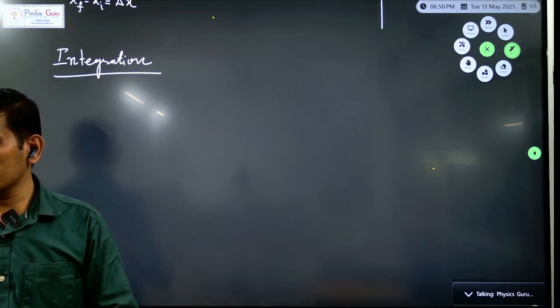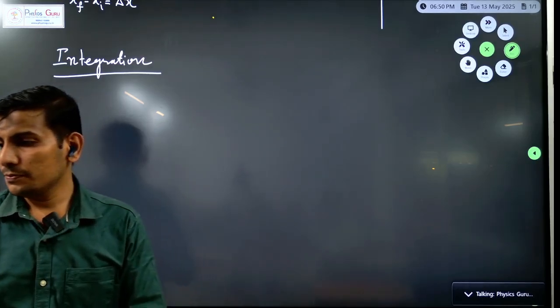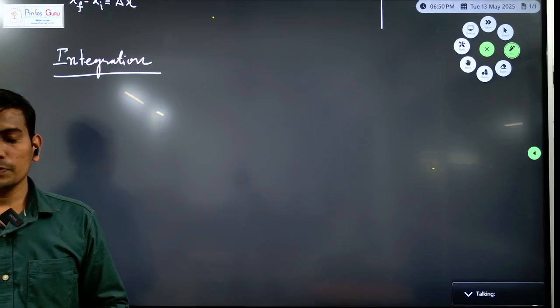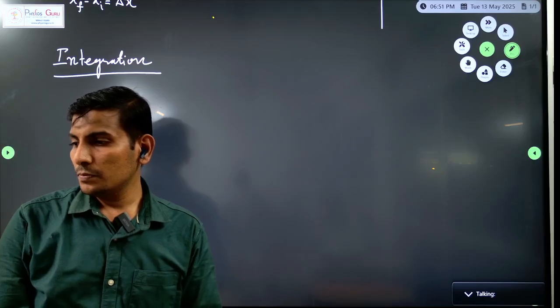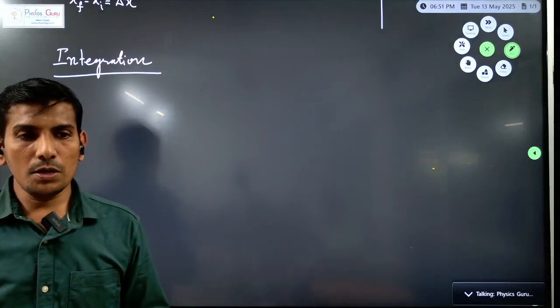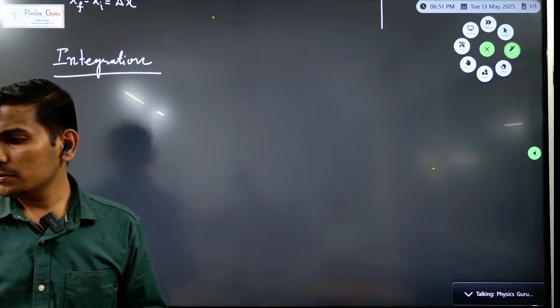Integration is the reverse process of your differentiation. Children, have you noted down the integration formulae earlier, or should I show that?